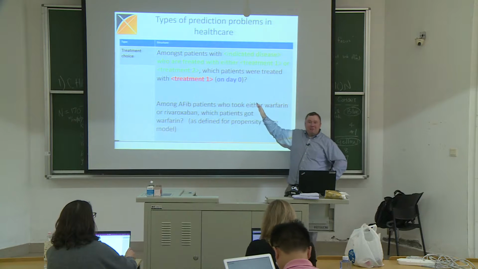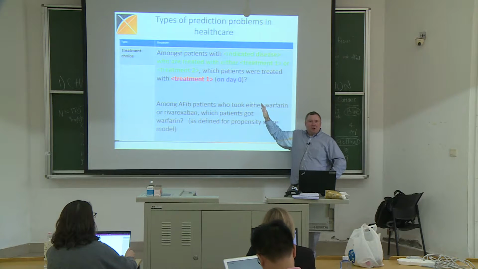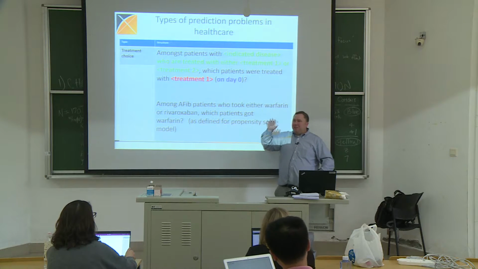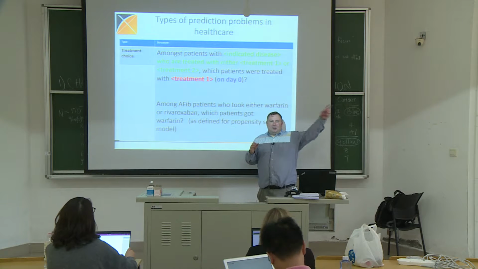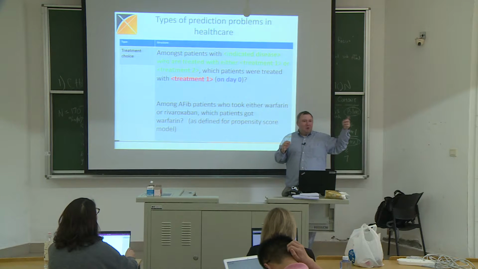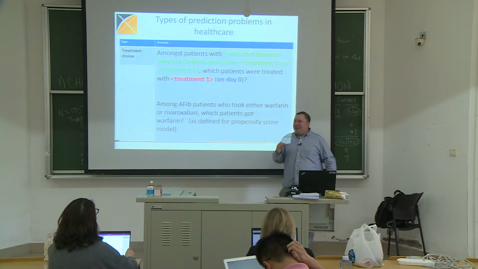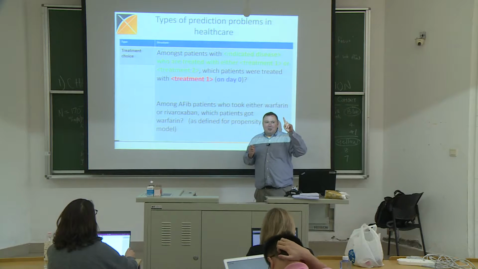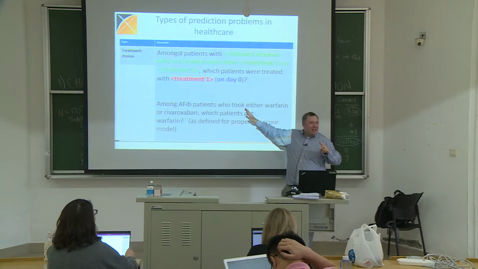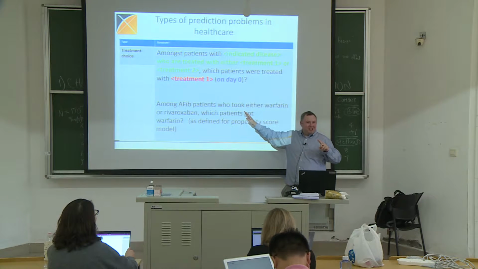This prediction problem is doing the same thing as you, the clinicians, asking your friend down the hallway, what would you do? But instead of asking one clinician, this is like asking the world's clinicians, what did everybody do?